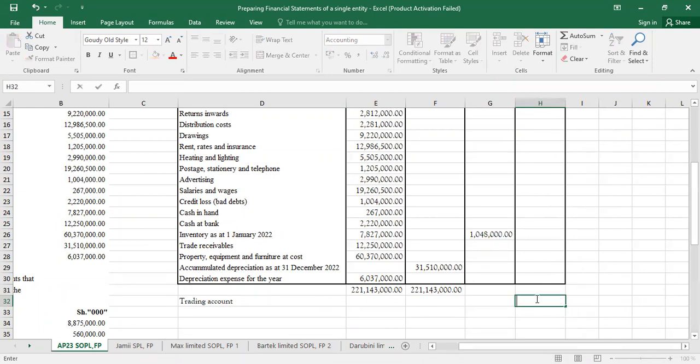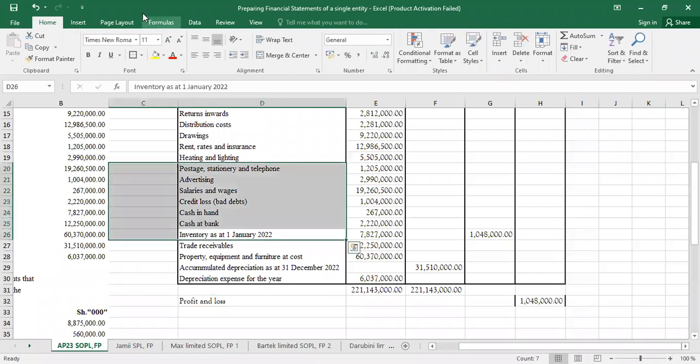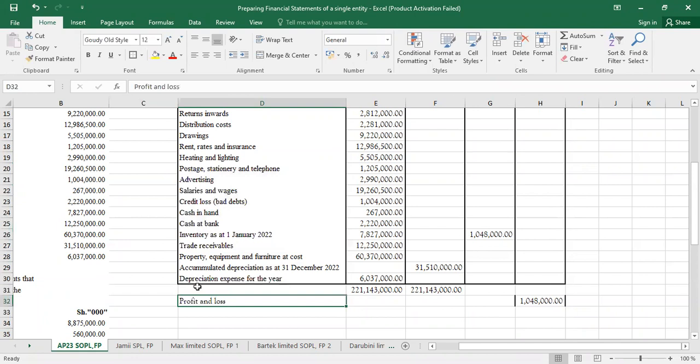Or I just do equal sign and I take the amount. So that is the first adjustment we've done. This trading account, you can just call it profit and loss, so that you don't confuse. Profit or loss. Sorry, just a minute to think about the amount.